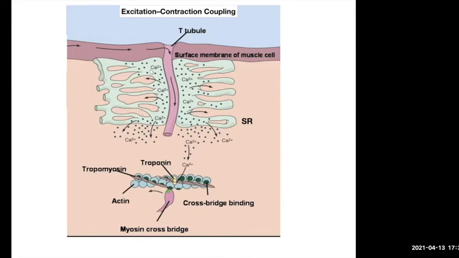So each muscle fiber had a single motor neuron innervating it, and then a single action potential from that motor neuron. A single excitation event led to a single release of calcium. Once that stopped, the calcium was pumped back into the sarcoplasmic reticulum, the contraction stopped. So this is from last time.